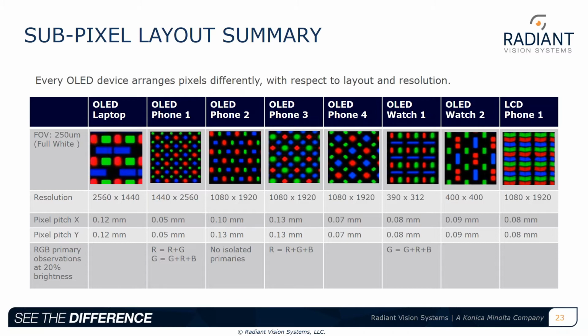And it is not always true that the logical resolution of the display, such as QHD 2560 by 1440, has an equal number of red and blue pixels compared to the green pixels. That would be the example for what we've called OLED phone 1, 2, and 3. Regardless of the varying pixel layouts on the OLED display, the software can auto-register the pixels.